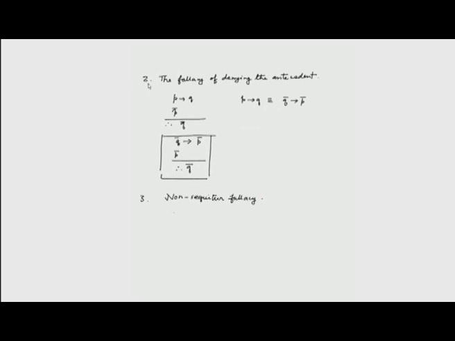For example, suppose I say that Socrates is a man and conclude that therefore, Socrates is mortal is a fallacy, because Socrates is a man and Socrates is a mortal, they are essentially two different propositions.